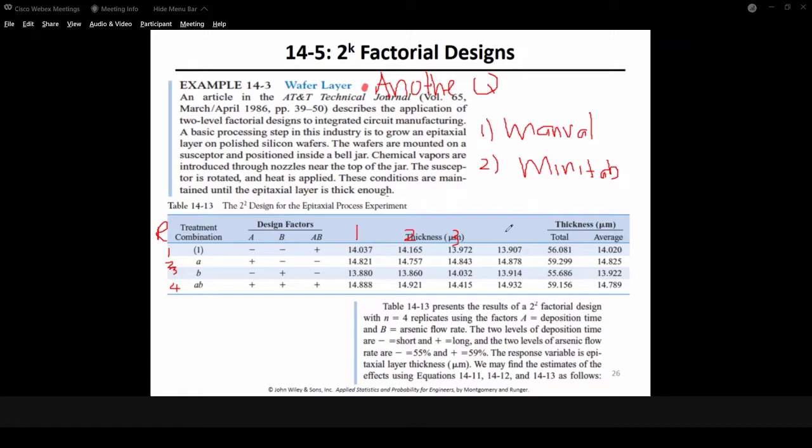If you look at this in the plane, like A here and B, you have 4 replicates, 4 points here, for example at this corner, and this corner.